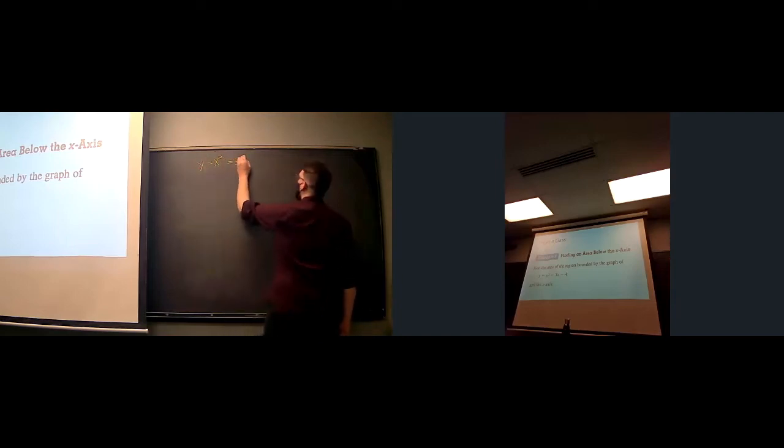The answer is yes, we can. So writing this out, y is equal to x squared minus 3x minus 4, which is going to come out to be x minus 4 times x plus 1. Feel free to check me.